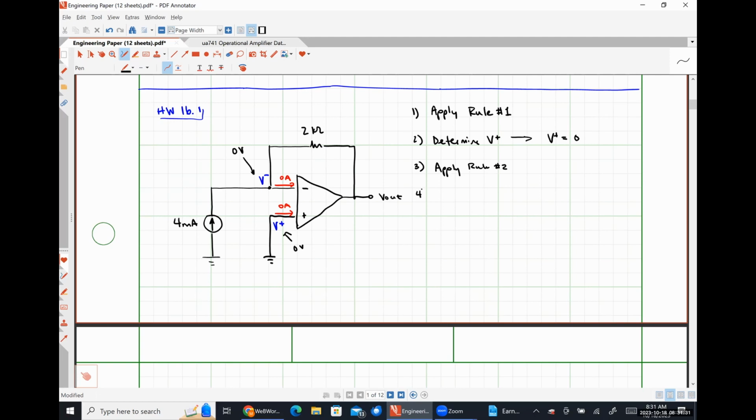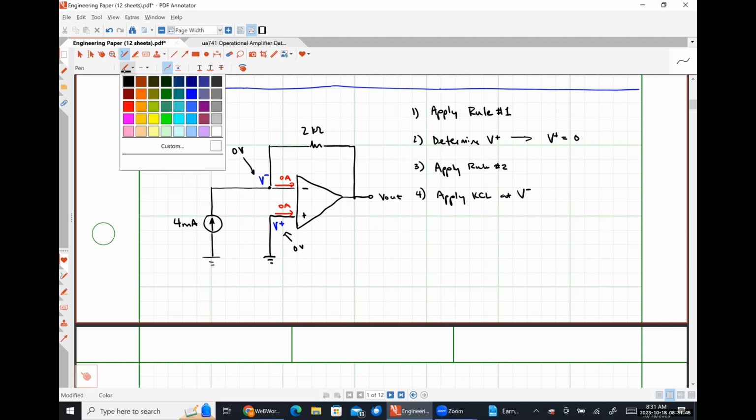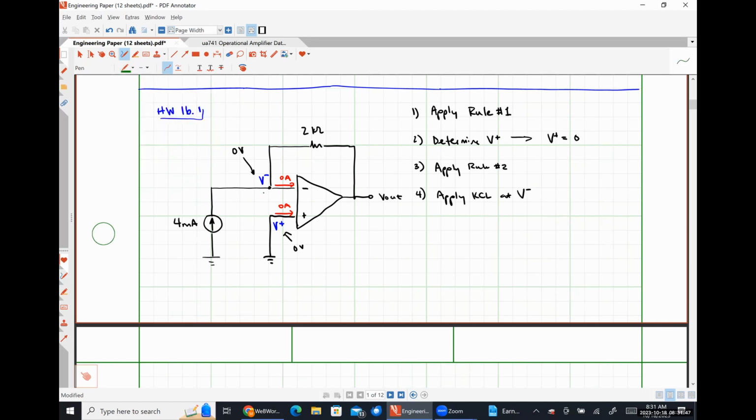Step number 4 will be to apply KCL at the inverting input node. So I'm going to be adding this current plus this current together and setting them equal to 0.